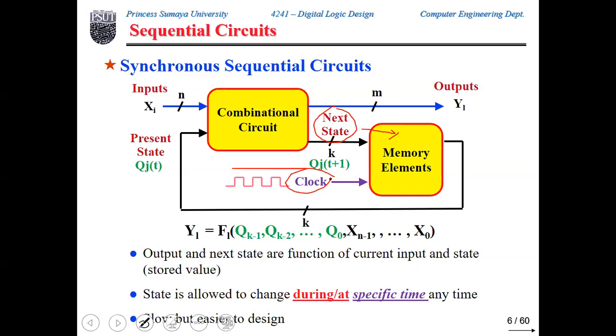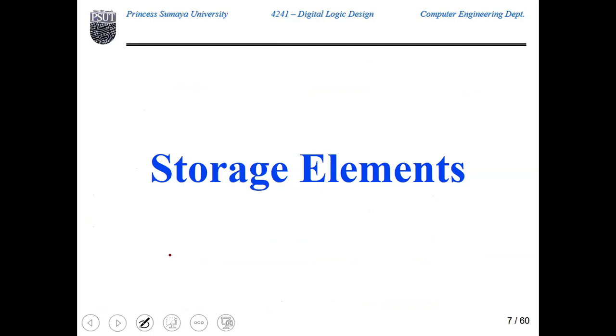When we talked about combinational circuits, we did not talk about time at all. However, in sequential circuits, there is time, especially in synchronous sequential circuits. We want to know when we can store the value or update or change the stored value. And this is basically the role of time in synchronous sequential circuits.